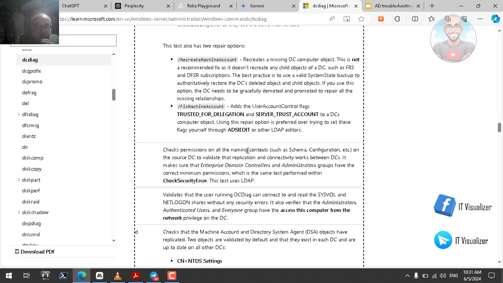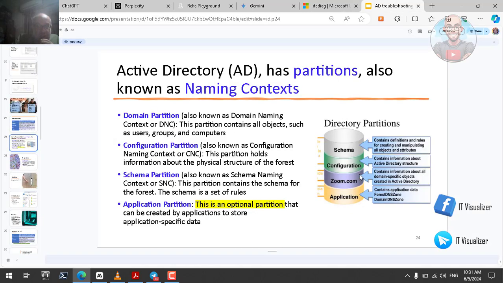So this is the test. It will check permissions on all naming contexts. He is referring to the database partitions like schema, configuration. Here we see schema, configuration, and domain and application. All of these we need to see the groups assigned to them, because they will be responsible, not only the groups assigned to the partitions, but the permissions.